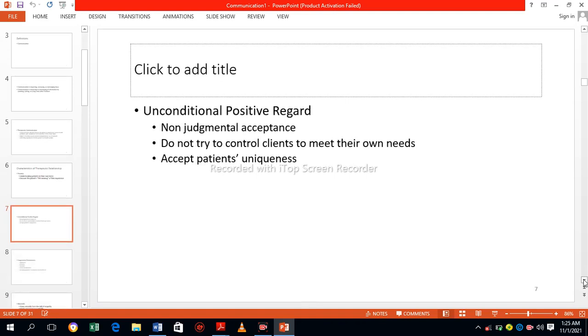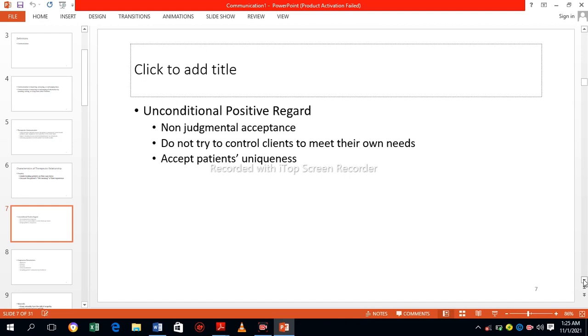The other characteristic of therapeutic communication is unconditional positive regard. This is a part where you do not judge them. It acts like a non-judgmental acceptance of what they're actually feeling.